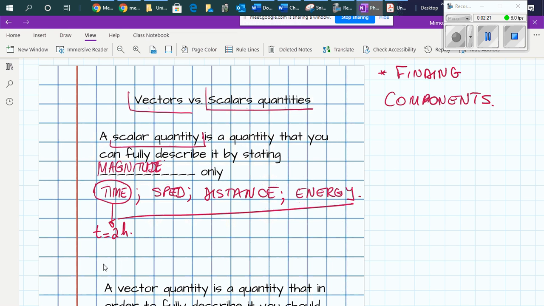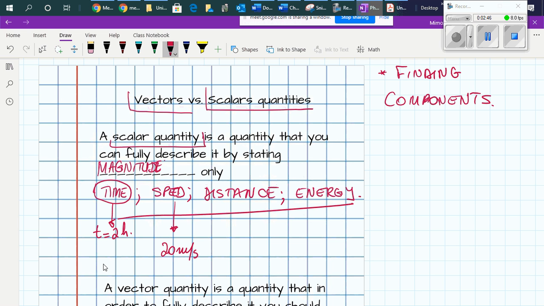In which direction you are going, there is no need to say it. It's fully described. You know that you are starting at a certain time and you have been driving for 2 hours. Or when we are saying the speed, when we are mentioning that a certain person is walking with a speed of, let's say, 20 meters per second.